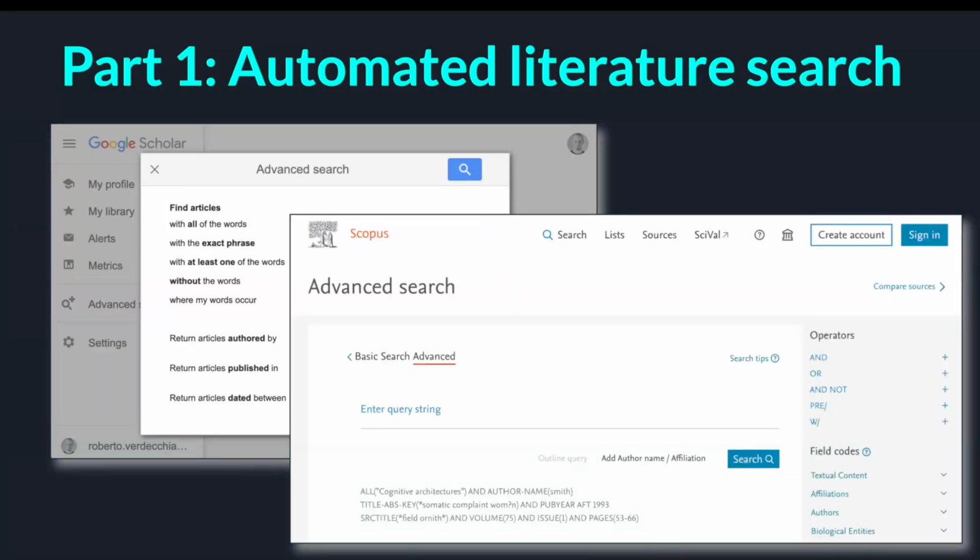Each one has their own, and usually all these search engines allow for a more formal query formulation, which includes some Boolean operators like and, or, not, again, not rocket science, or in title.